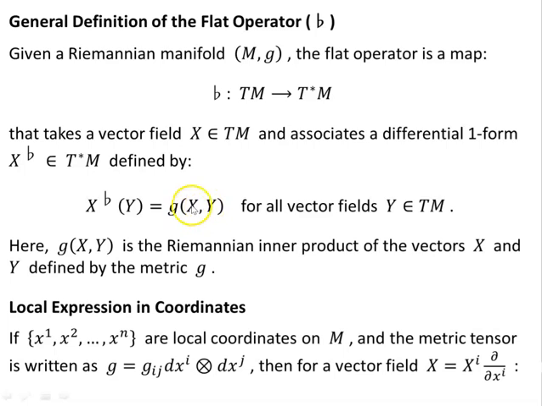And notice here, instead of the Euclidean metric, this can take on other forms, and we'll see examples of that. So here, G of X, Y is the Riemannian inner product of the vectors X and Y defined by the metric G.